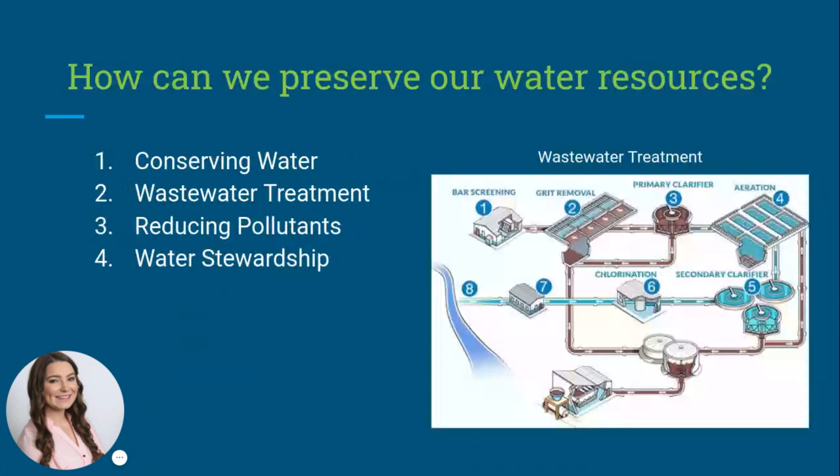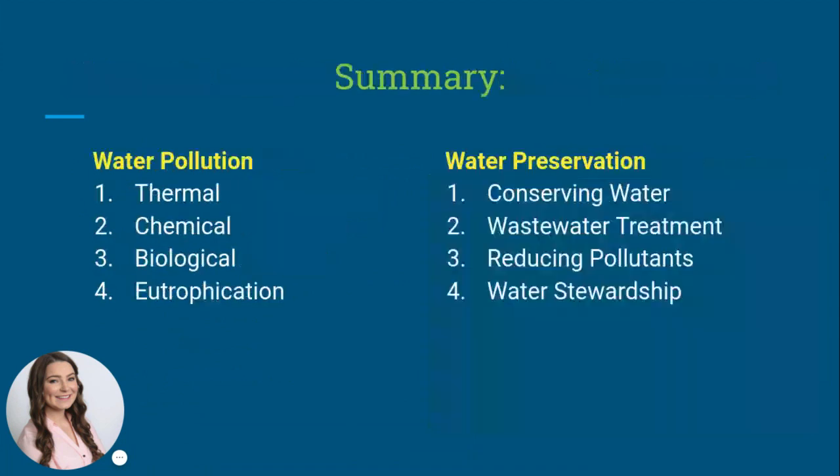There are many ways to do this, but commonly a 3-step filtration method is used, as well as chemical treatment to kill biological contaminants. Third, reducing pollutants, proper disposal and recycling of chemicals. Last, water stewardship, passing laws to maintain the cleanliness of water and limiting the amount of pollutants that are allowed to be dumped into waterways.